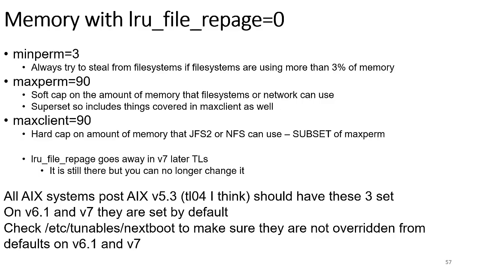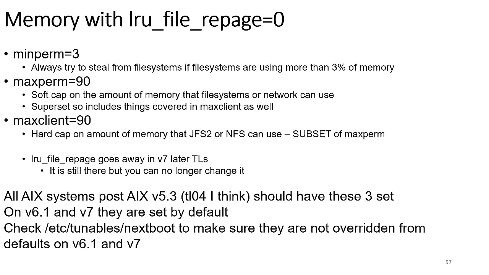I mentioned LRU file repage. Basically that sets the rules for how the system determines who to steal from. And the only reason I mention AIX 5.3 in this is because if you've done an upgrade from 5.3, then anything that was set there in tunables will be brought across the way it was, and the way it was is incorrect.